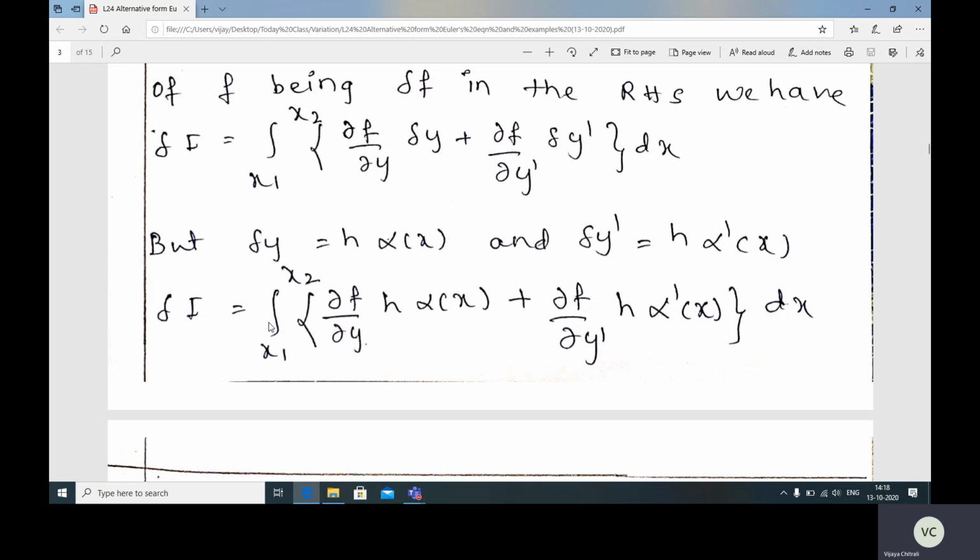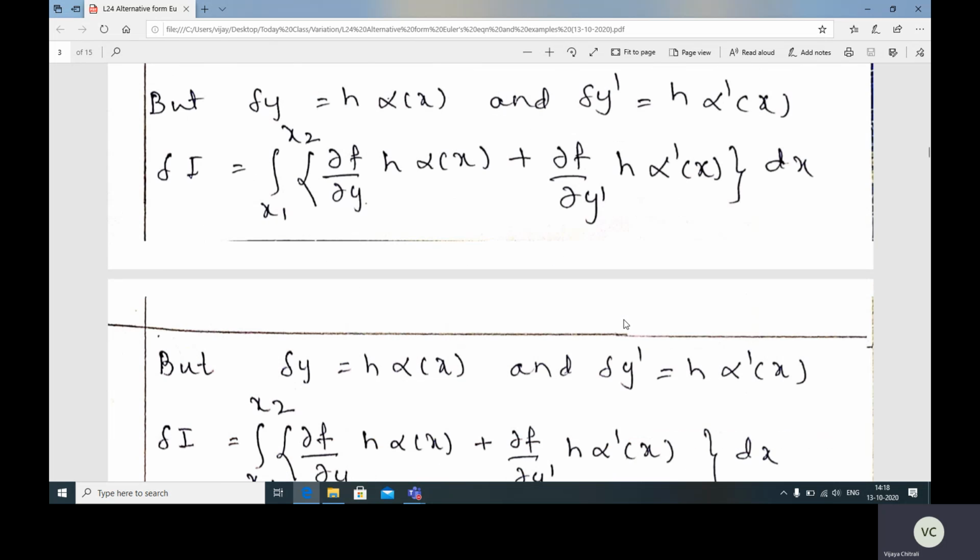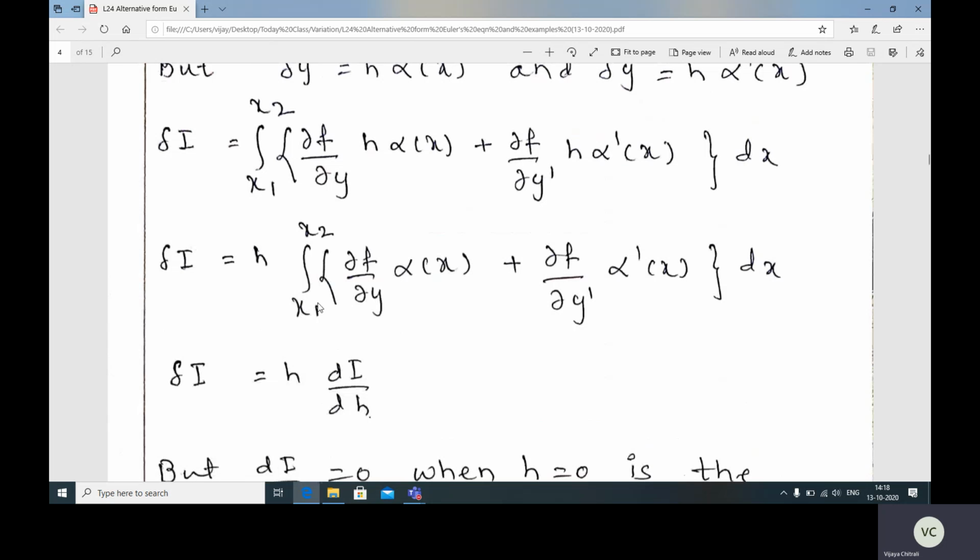From both these terms, h is common, so take it outside. Take h common: the integration from x1 to x2 of dou by dou y of f alpha of x plus dou by dou y dash of f alpha dash of x dx. So delta I is equal to h times this, which is nothing but dI by dh.